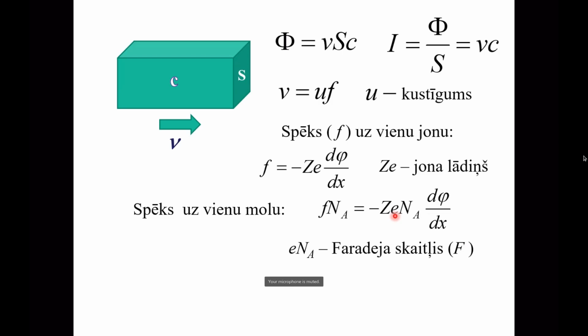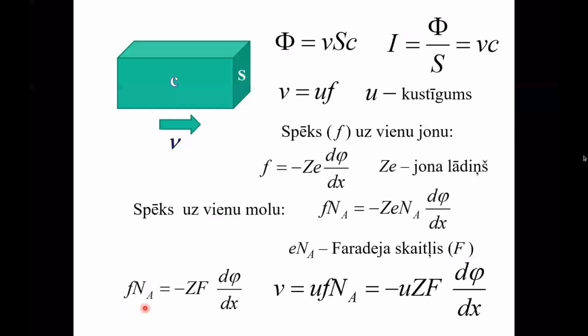So this E with Na is the so-called Faraday number. That is why we substitute this E Na with F, the Faraday number, and we have the force that acts on the entire mole located in the electrical field.